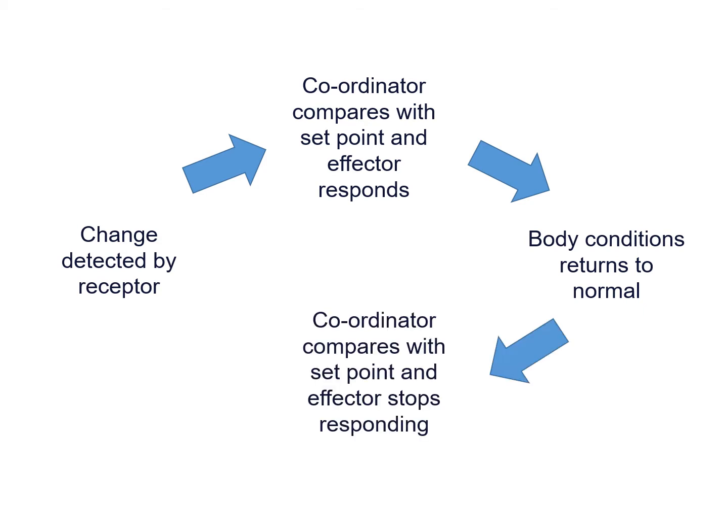So the coordinator again compares this new glucose concentration to a set point, and it will tell the effector to stop responding, hence the term negative feedback. Negatively feeding back means that you're telling the effector to stop responding. So in this case, the pancreas would stop secreting insulin, and this loop continues.